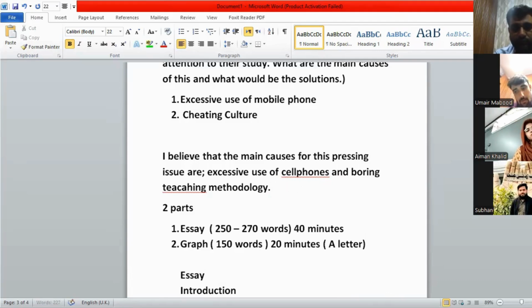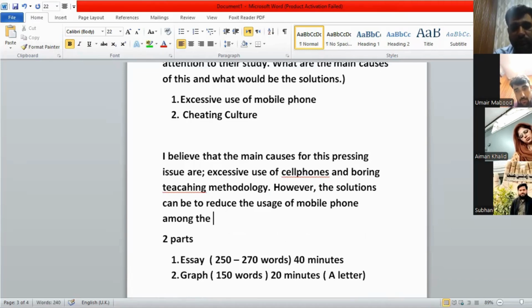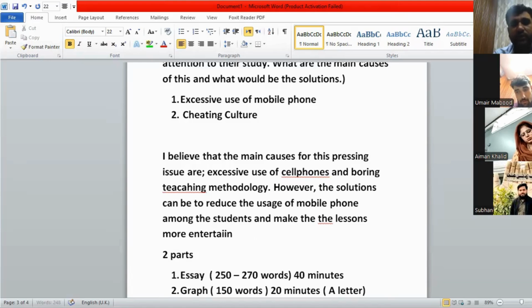However, the solutions can be to reduce the usage of mobile phones among the students and make the class more entertaining or make the lessons more entertaining. This is a thesis statement.